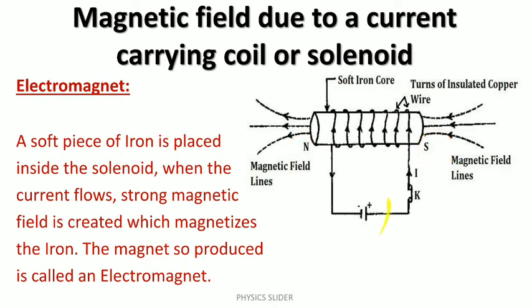If we change the polarity of this battery or the cell, if we change this positive and negative sign, then what happens? This north and south pole will also change. Means if we shift these polarities, the south pole will come here and the north pole will come here.